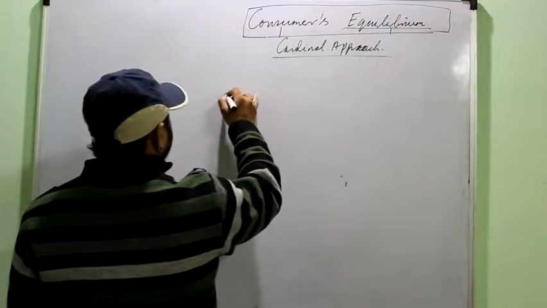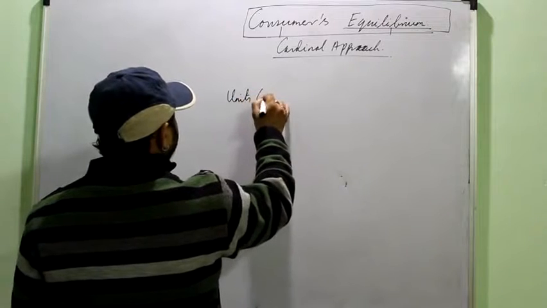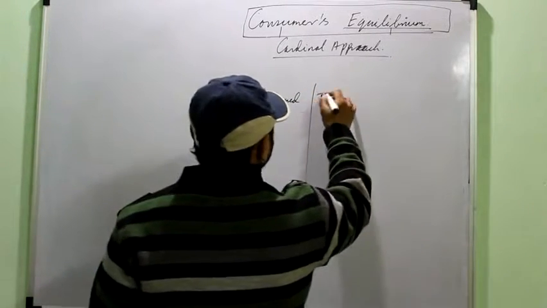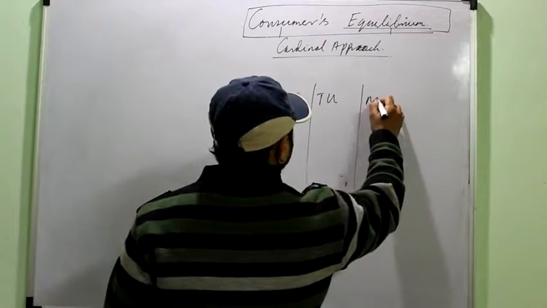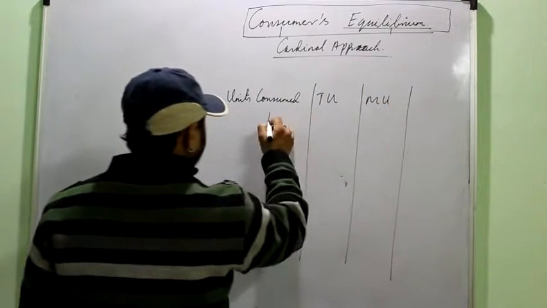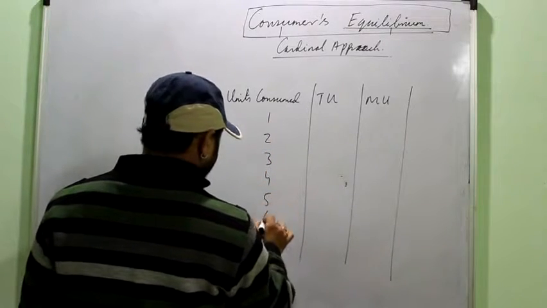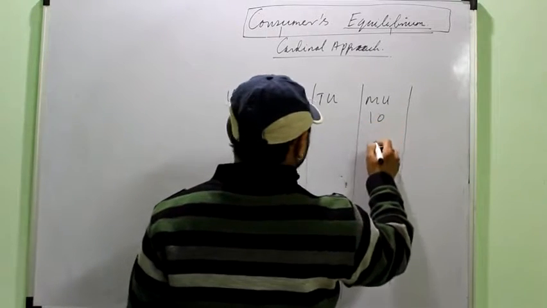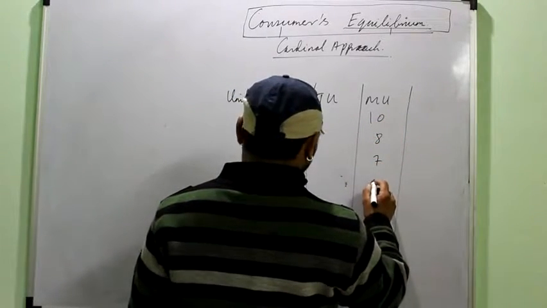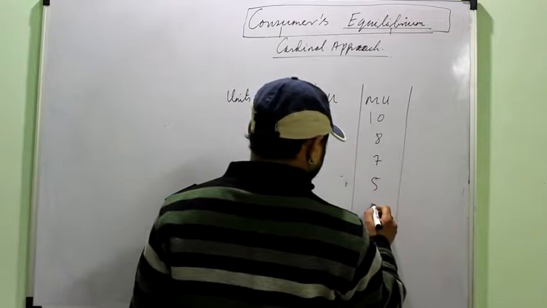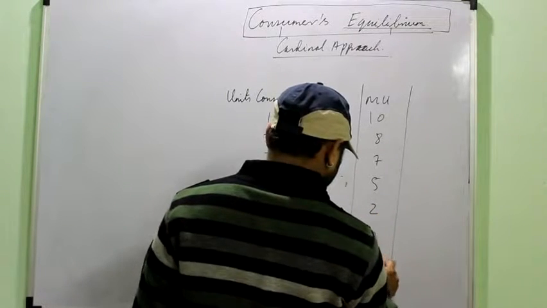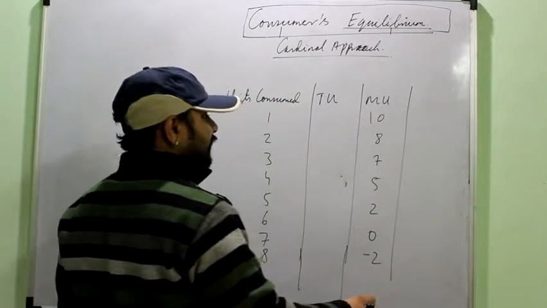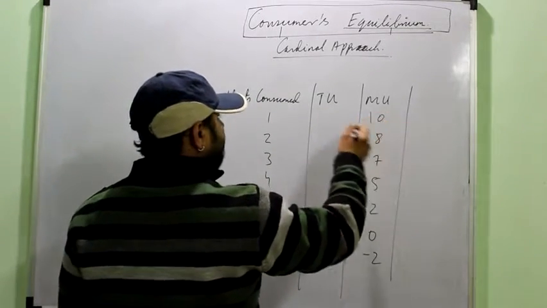Then numerically, suppose these are the units consumed. Say total utility and marginal utility. See, why I have drawn marginal utility first, that we will talk about in the second topic.